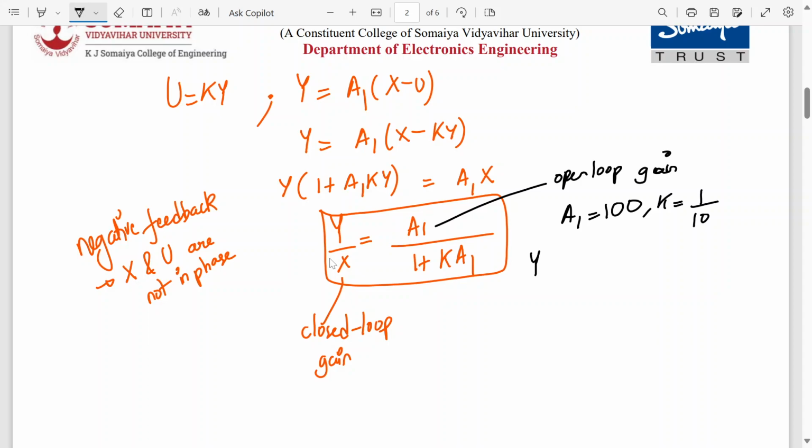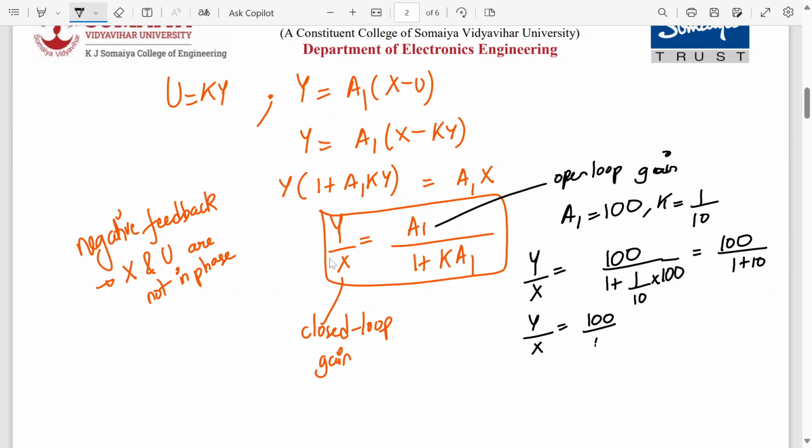Okay, so what will be y upon x? 100 divided by 1 plus this into 100. So what do you get? 1 plus 10. So y upon x will be 100 upon 11. Okay, so what is the number? 100 upon 11.